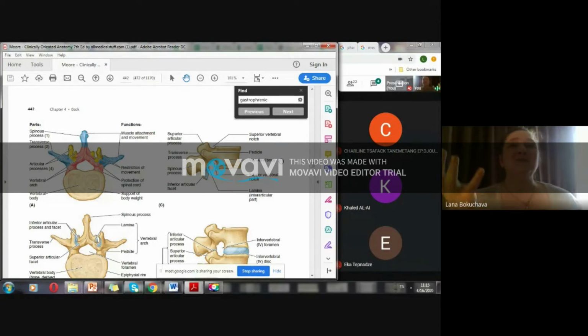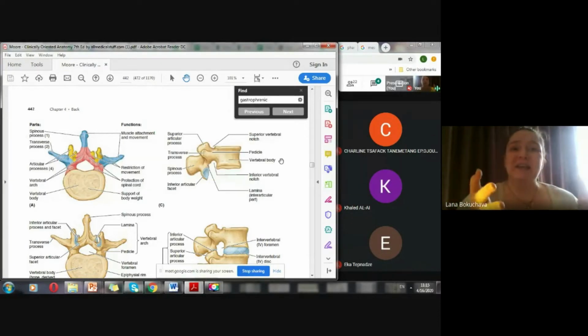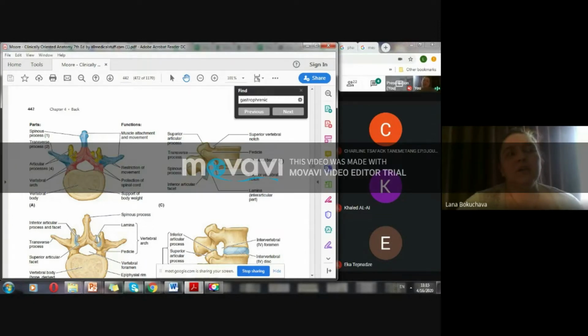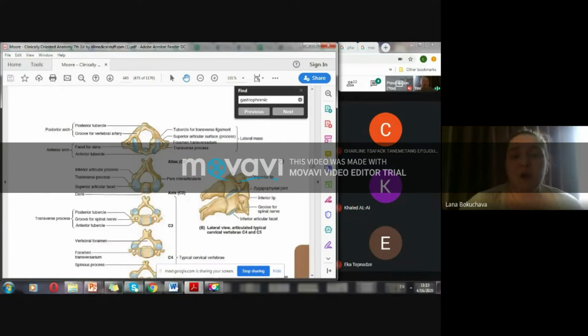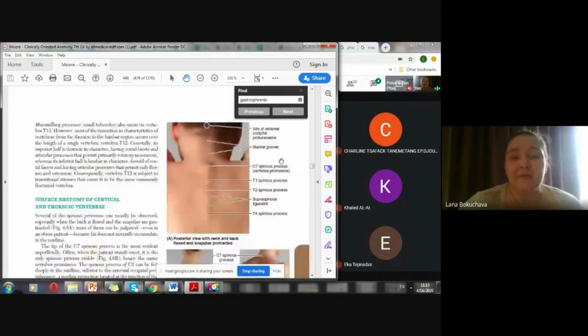Imagine that it's like floating in a large aquarium of fluid, you know? So why am I saying that? Because we can have different types of inflammatory conditions, for example infections such as meningitis or encephalitis and so on. In this case, what do we have?